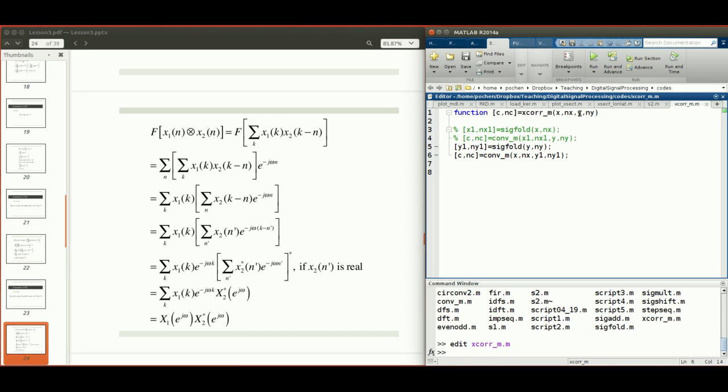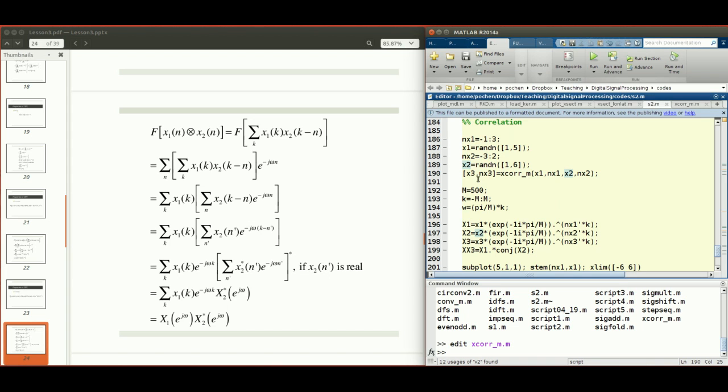I'm folding the second signal and then doing a time domain convolution between x, the first signal, and the folded second signal. The result of the correlation is stored in x3.